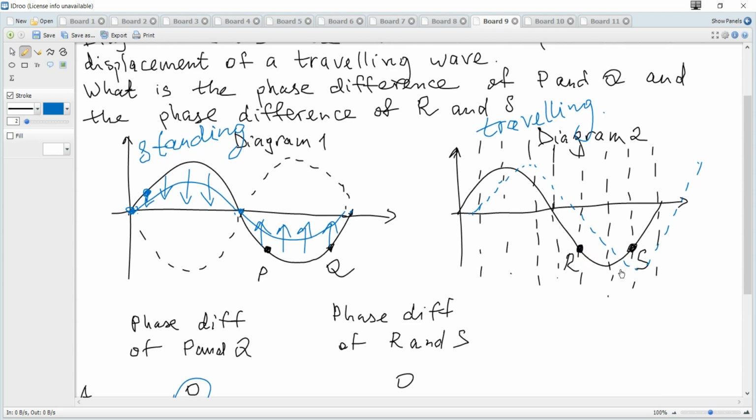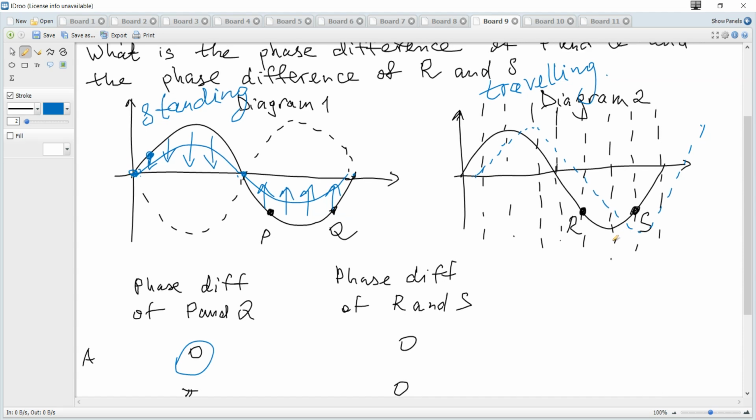And how to find the phase difference for R and S? You can see that one wavelength has 8 squares. So 8 squares is like 1 lambda, and 1 lambda corresponds to 2 pi or 360 degrees, like one complete revolution for a trigonometric function.